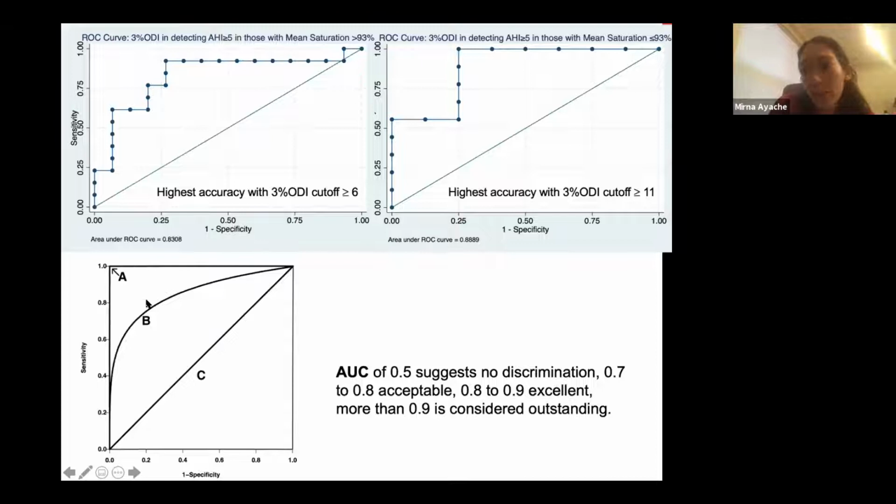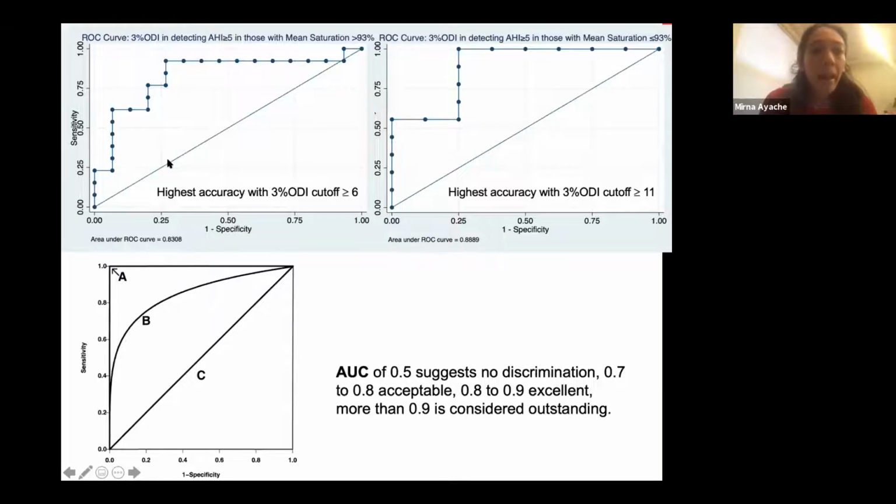And what they calculate is something called the area under the curve for the ROC curve. So the more it is towards the corner, the bigger the area is going to be and the better the test that you have. So pretty much every single study that looked at accuracy of a test uses this ROC curve.